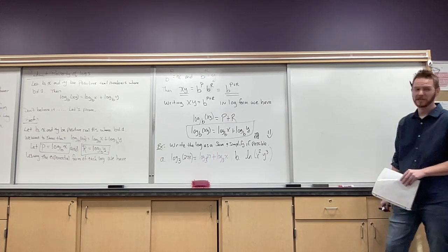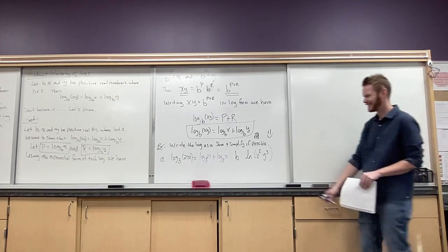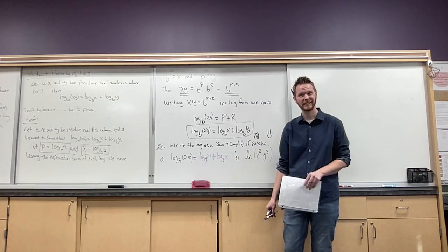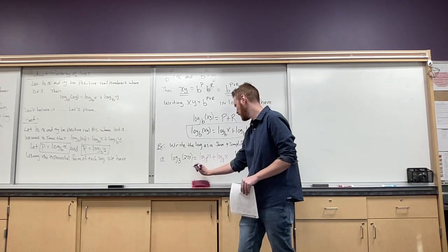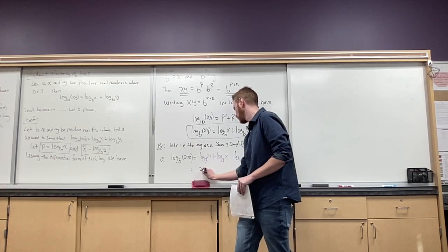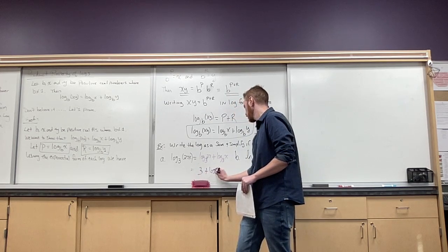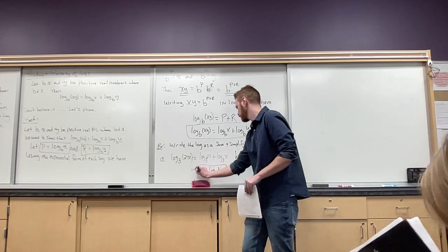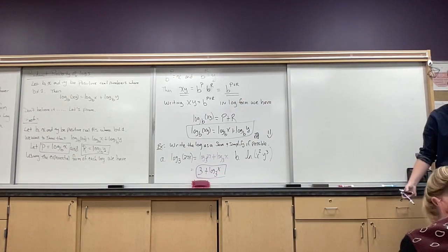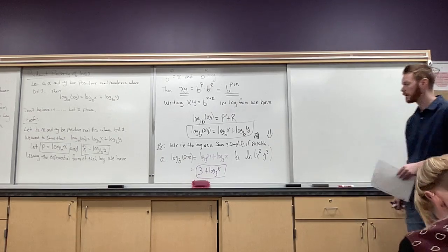Since I just said it, do you see which one simplifies? It's this guy, right? 3 to what power gives me 27? 3. So this simplifies to just 3 plus log base 3 of x. So there we go. There is an advantage of splitting it apart. There could be things we could simplify with that.